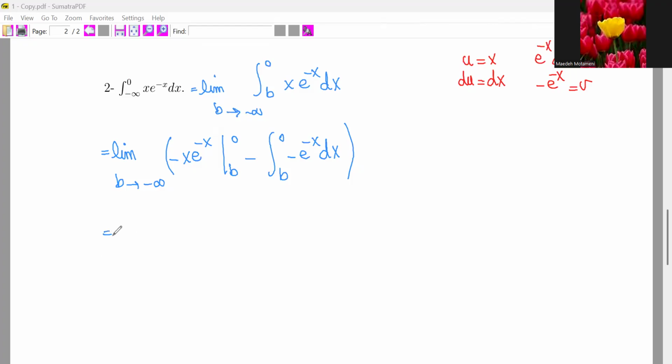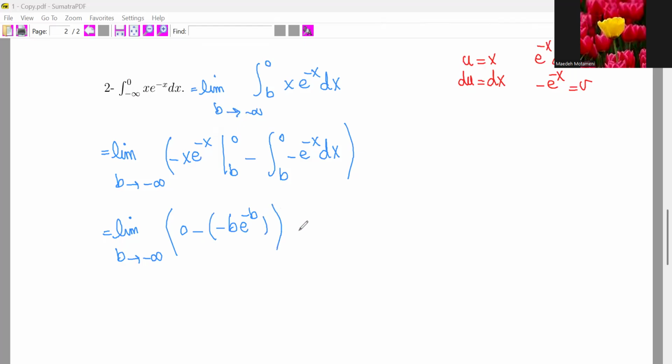So the limit is still here. For the first part, when you apply the boundaries, for the top it will be e to 0, which is 1, times 0, so you have 0. It is defined. Minus whatever you have after plugging in b, so b e to the negative b.